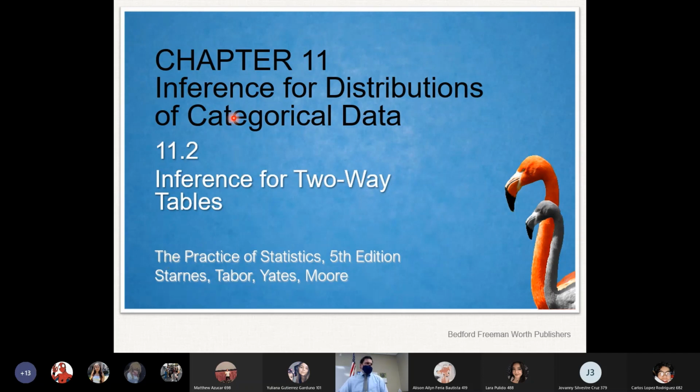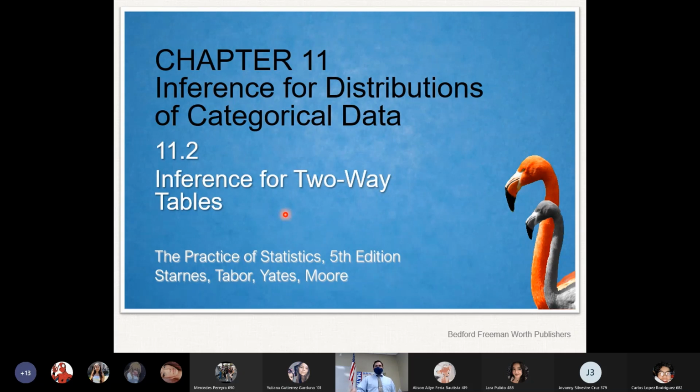Here we are, chapter 11. This is the second section in chapter 11, 11.2. We're doing inference for two-way tables. Our goodness of fit test from section 11.1 dealt with one-way tables. We're looking at the data from a one-way table having to do with one categorical variable, and seeing if our sample fit with the null hypothesis or the assumed distribution.